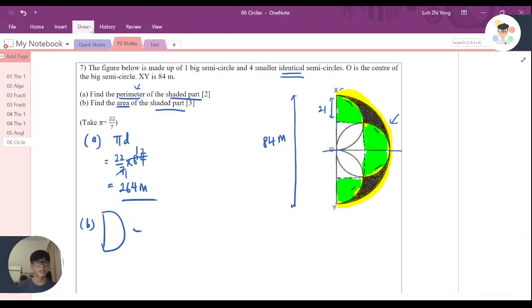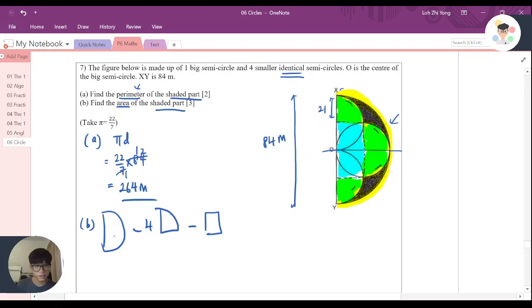I actually can just minus that 4 quarter circle quadrant. Then you notice that I also have one big rectangle here. Can you see that? I also can just minus that rectangle. After I minus, I will find the shaded area.